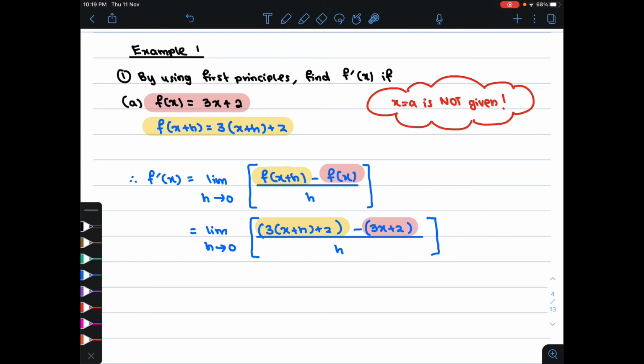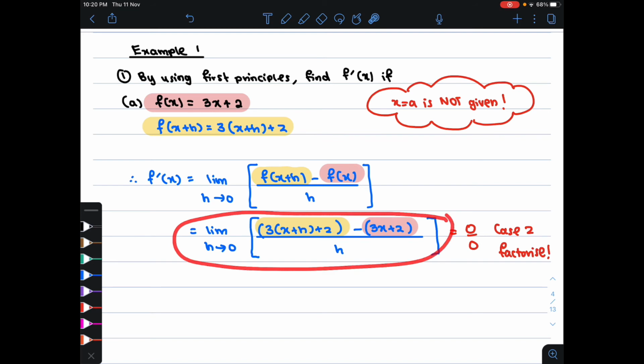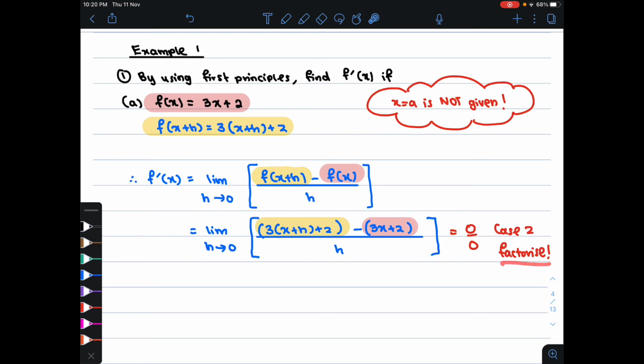So, if you substitute h equal to 0 into h, you'll get 0 over 0, which is case 2. So, you either need to use factorization or the multiplication of conjugate. And for this one, we need to use factorization. So, just expand the numerator here.